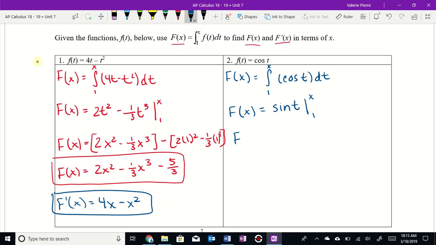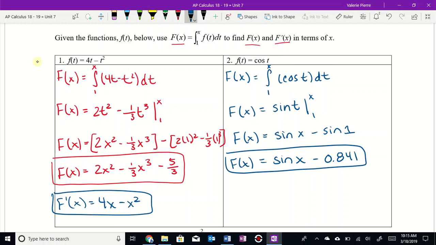So using FTOC, we know that's sine x minus sine 1. So capital F of x is equal to sine x minus 0.841. And capital F prime of x is equal to cosine x.